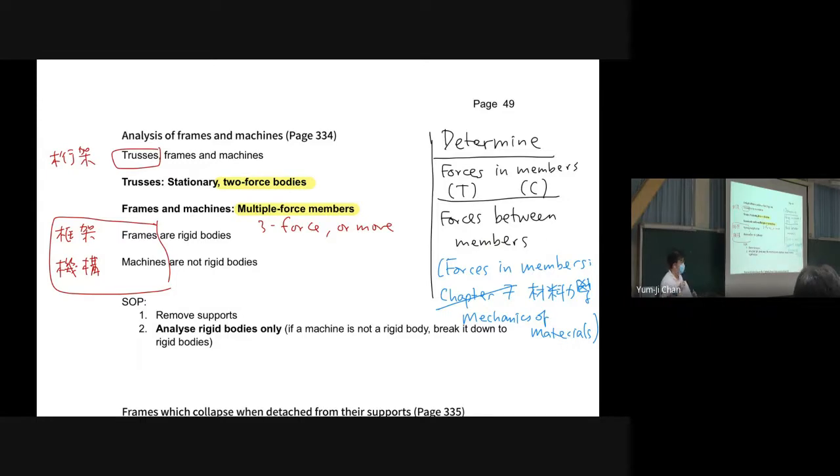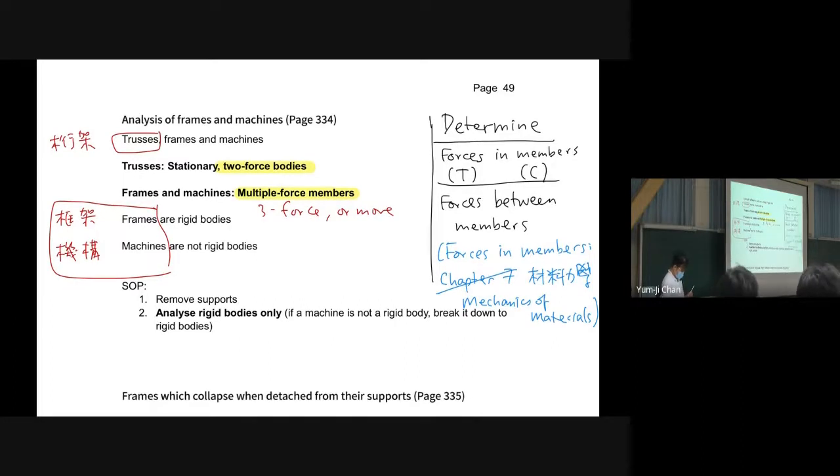Of course, for this kind of problem, we will have an SOP. The SOP in this kind of problem is to first remove the supports, and then we analyze rigid bodies only.